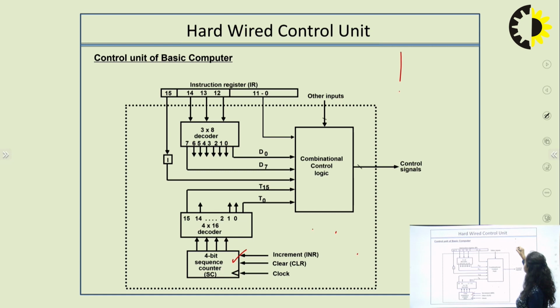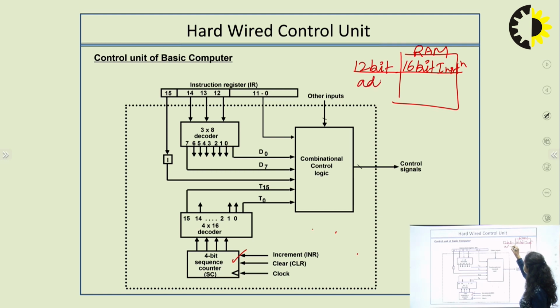First of all, the RAM memory contains an instruction of 16 bits, that I told you earlier, having some address of 12 bits, which will be issued by the CPU. How will it be issued?